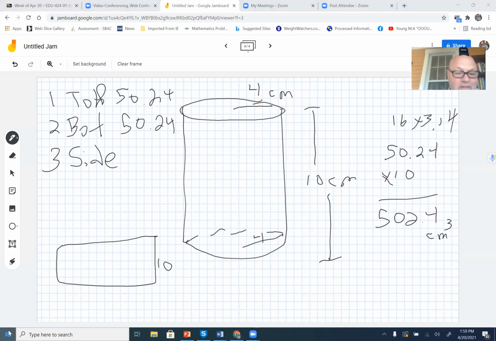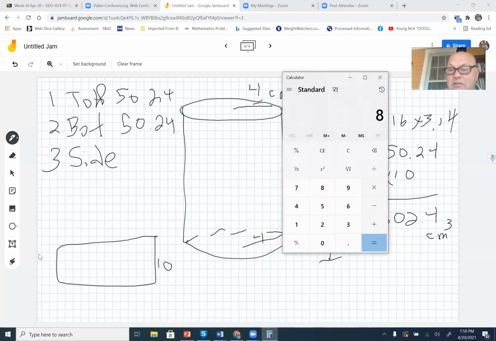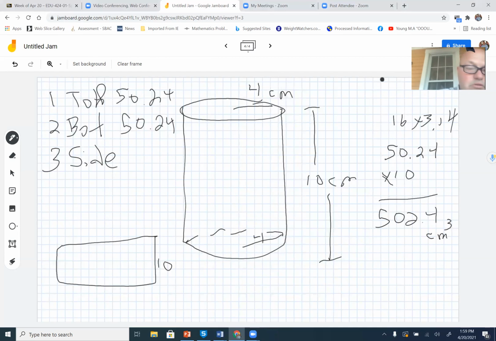Let's do it on our calculator. 8 times pi, 25.12. So the area of this whole side would be 251.2.